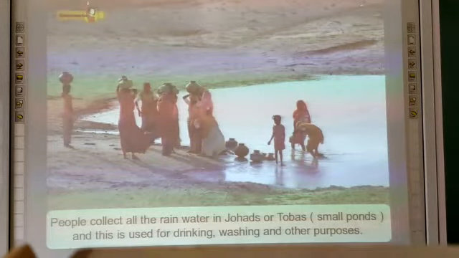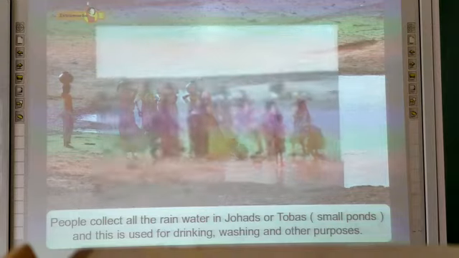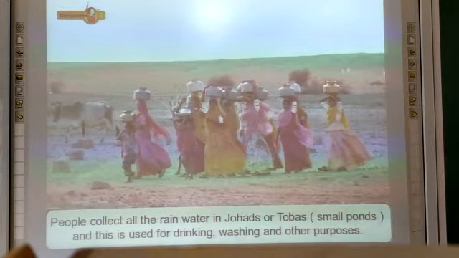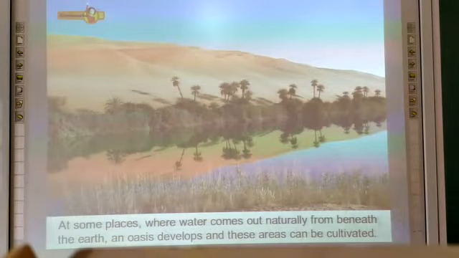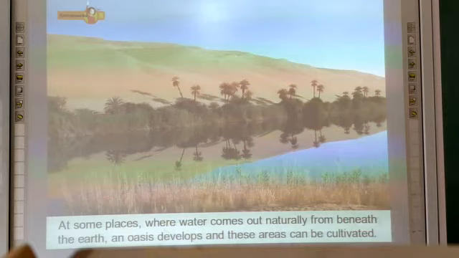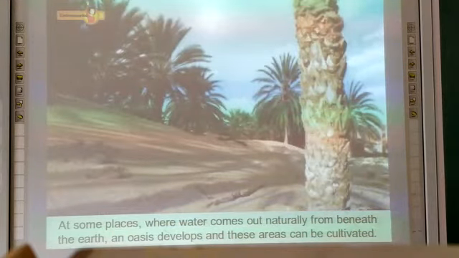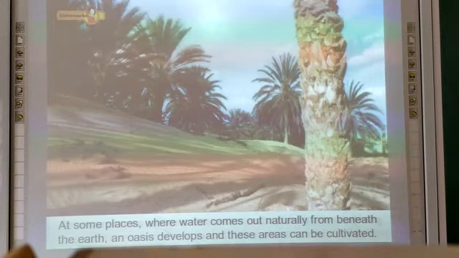People collect all the rainwater in johars and tobas. And this is used for drinking, washing and other purposes. At some places where water comes out naturally from beneath the earth, an oasis develops and these areas can be cultivated.